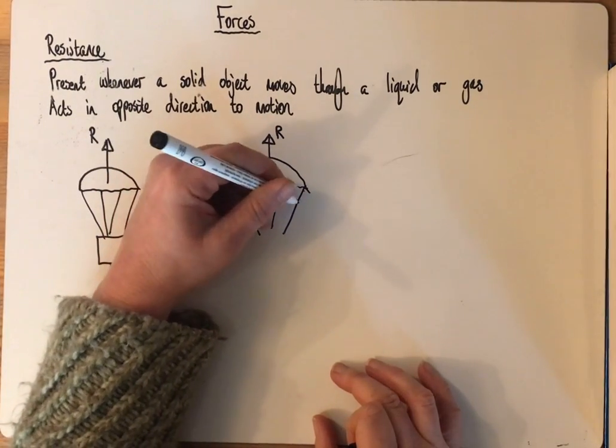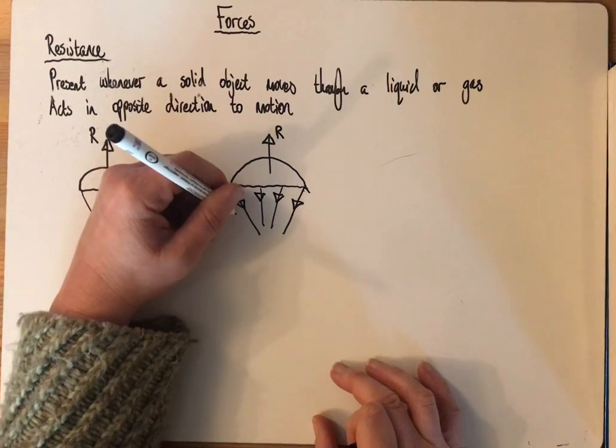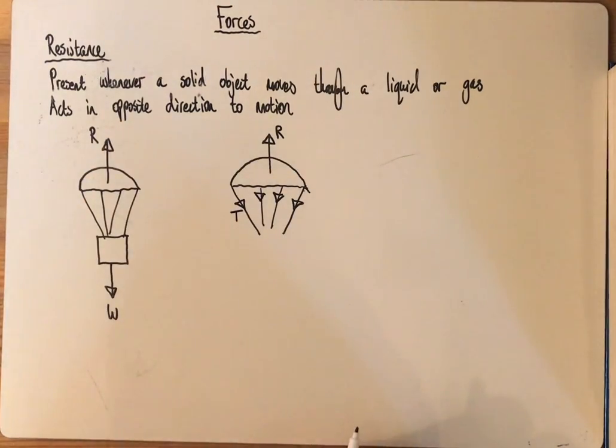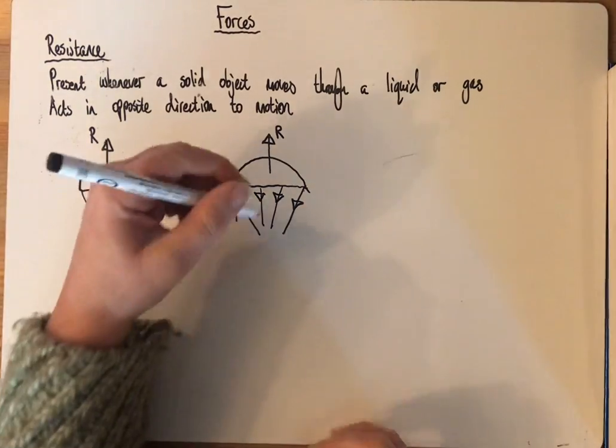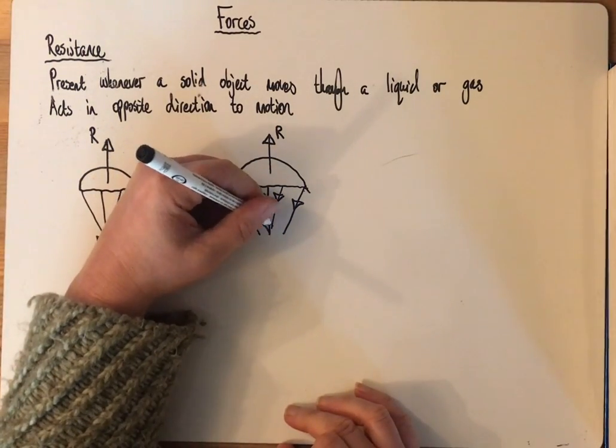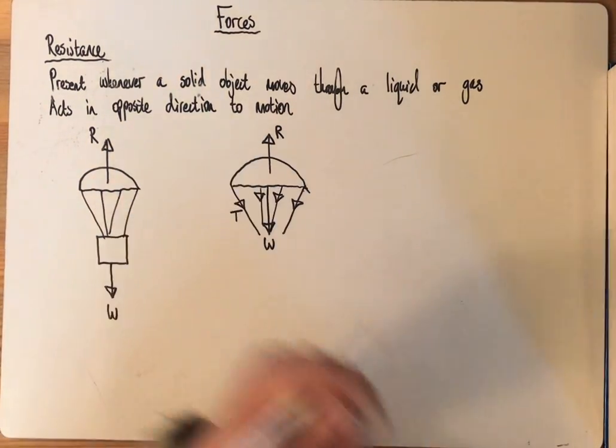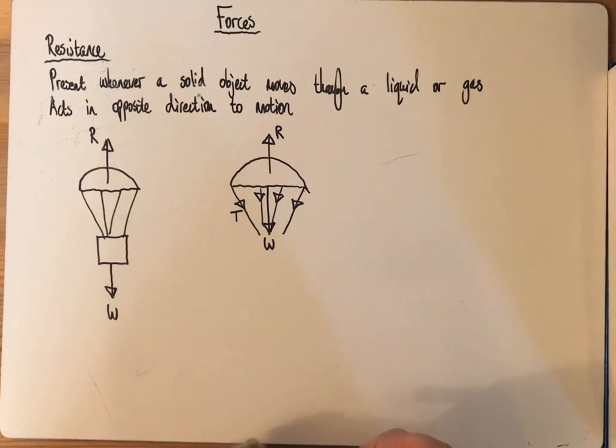So this is tension in the strings. So remember we spoke about tension being a pulling force. So they're pulling down because of the weight of the basket underneath. And then there's also the weight of the actual fabric itself that's acting downwards.